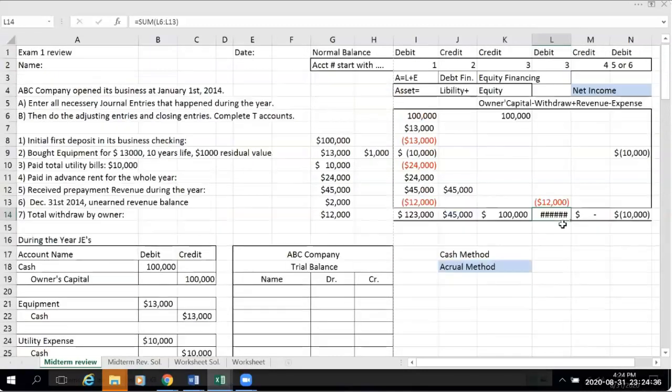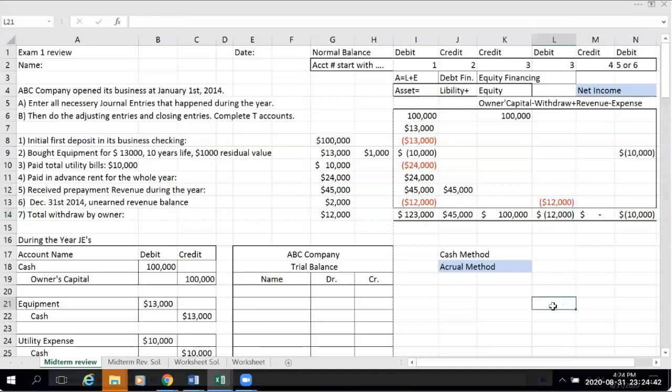So here we go. Now, as you see, my asset part is 123 and my liability plus equity is 123 also. So I am equal on my equation. I didn't break any balance or anything. I am good to go.